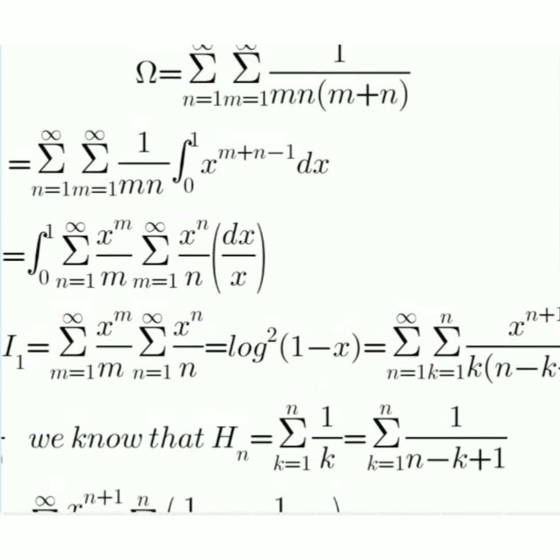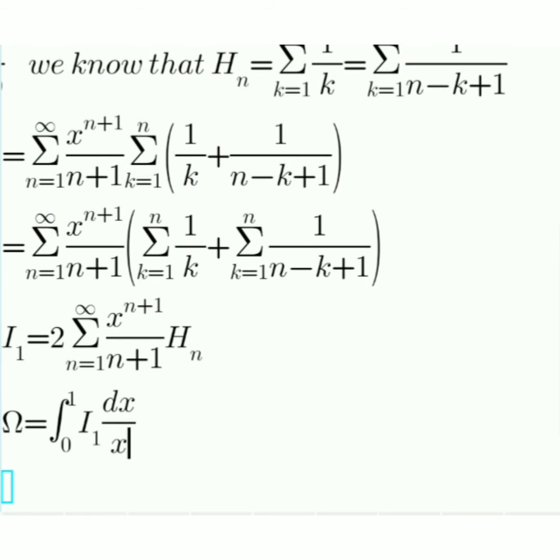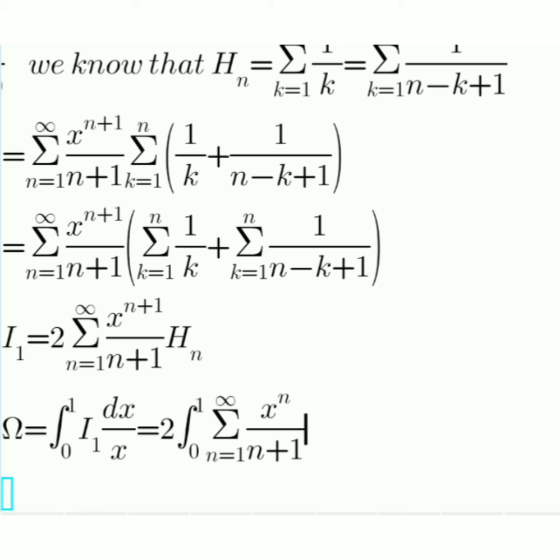Very simple. I1 means this is the I1 value I get, dx by x, and the limits are 0 to 1, and summation n equals 1 to infinity, x to the power n divided by n plus 1, multiplied by 2 into Hn.